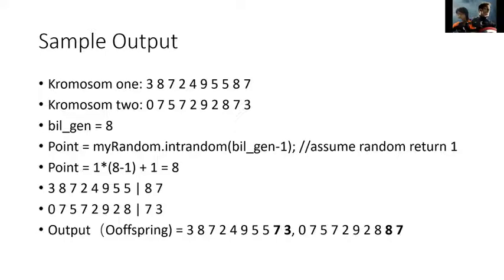Originally we have chromosome 1 as 3X724955X7, but now the X7 becomes 73, and chromosome 2 was originally 0757292873, but after we cross over, 73 becomes X7. Where does the 73 go? It goes back to chromosome 1. So 2 new offspring will be generated in the new generation.